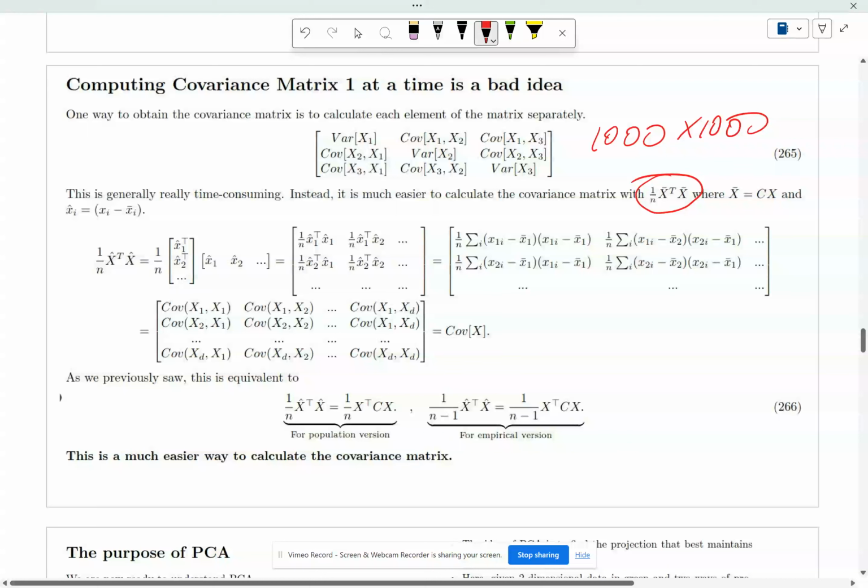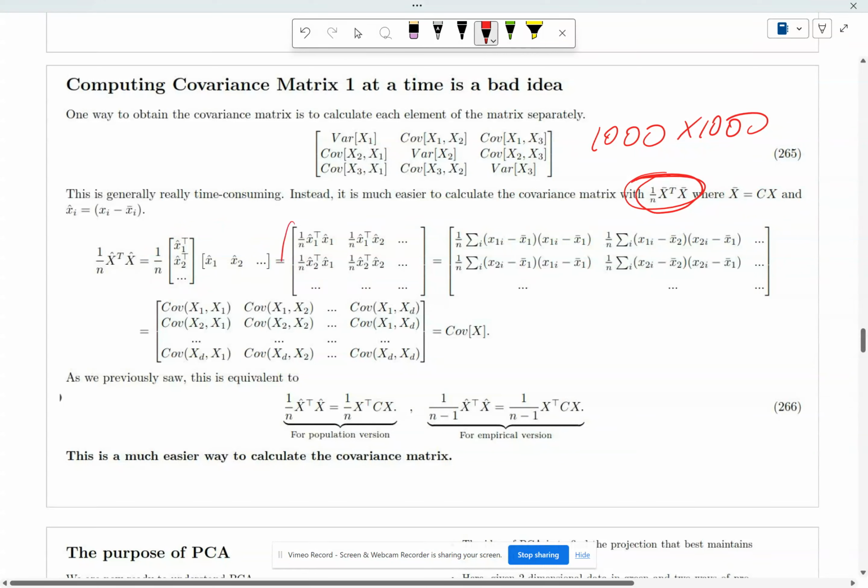Let me represent it again, where this is the average, so the center is already moved. I'm going to represent each row as an element, and here I'm going to do the transpose of it, representing each column as an element. This essentially allows us to perform matrix multiplication as if they're vectors.